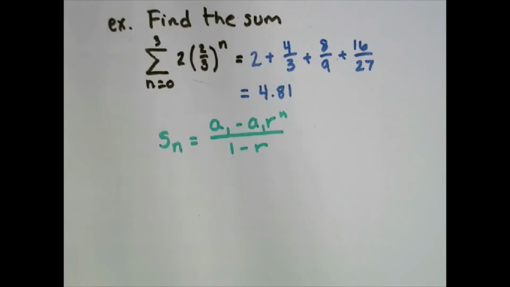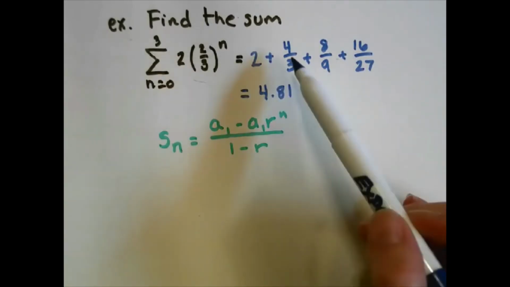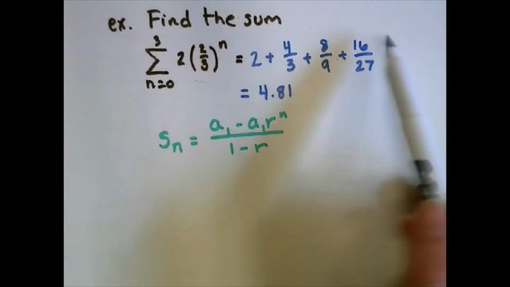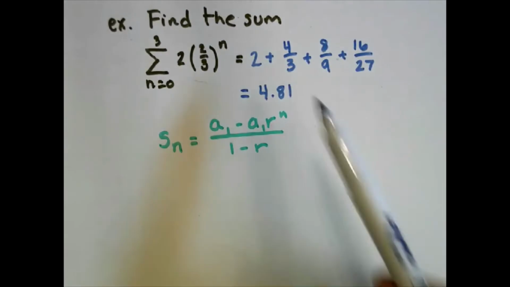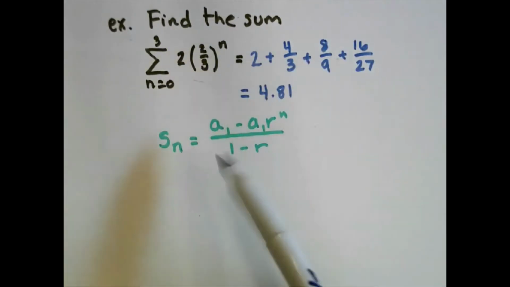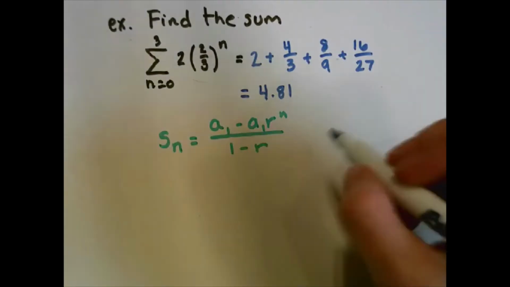So let's find the sum a different way. This is a geometric series. If you look, we have a common ratio of 2/3 that we're multiplying to get from term to term. So rather than physically adding 1, 2, 3, 4 terms, I'm going to use the sum of a geometric series formula.